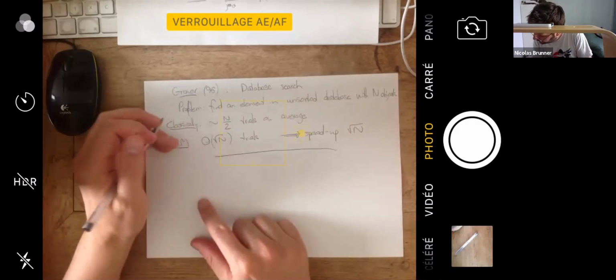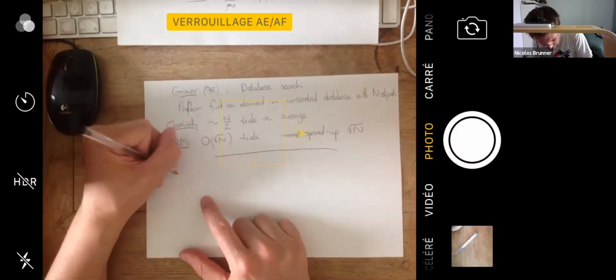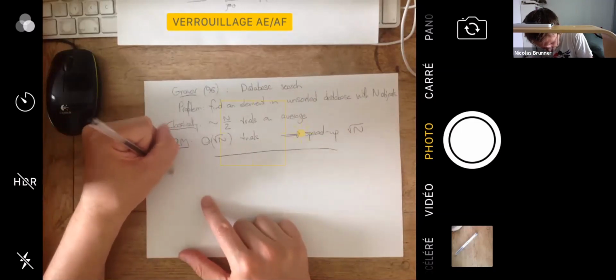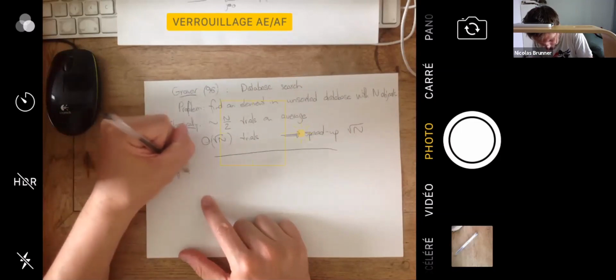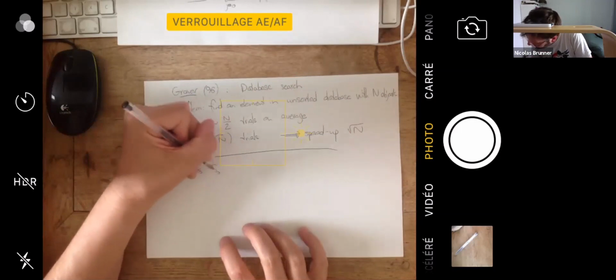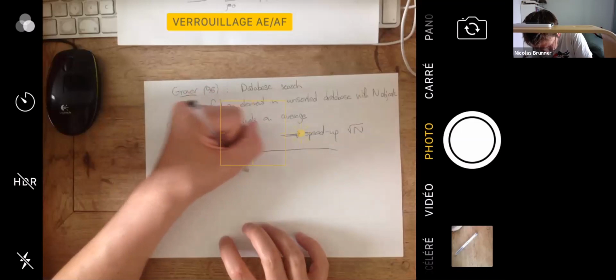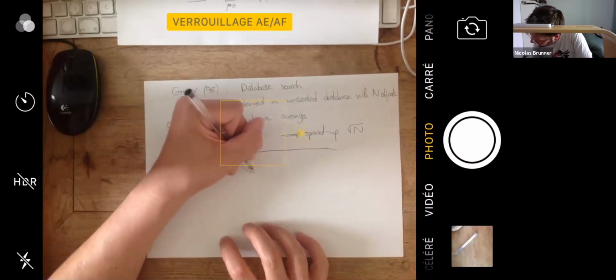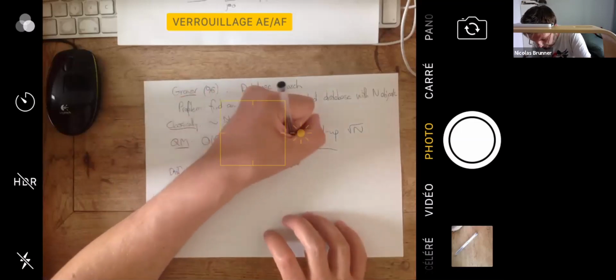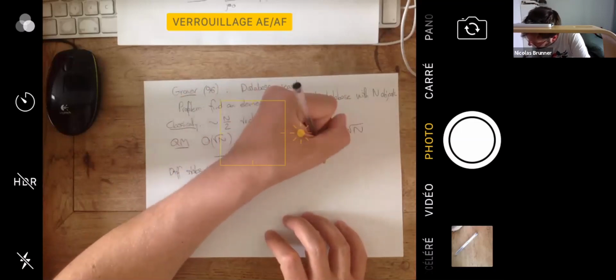We are going to have a set of different states that we call S0, S1, up to Sn, and these are n equal 2 to the L states.